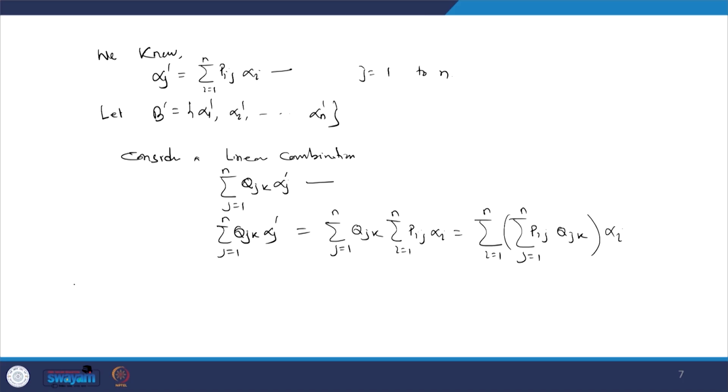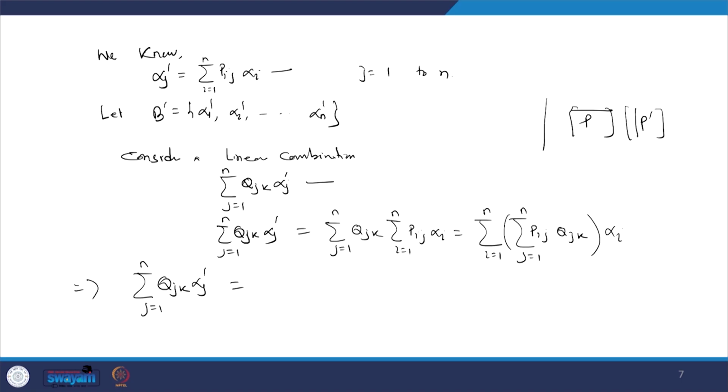Now, this implies sigma q j k alpha j prime, j equal to 1 to n, this is equal to, Q is the inverse matrix of P. So, if I consider P and P inverse, then it will be only first row multiplied with the first column, we will have only first entry equal to 1, all other 0.